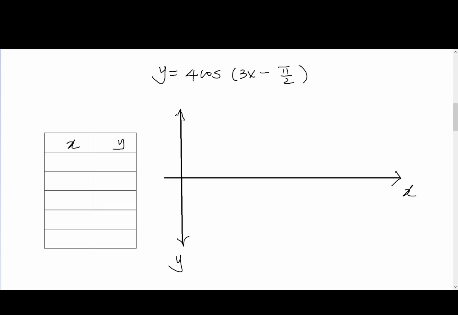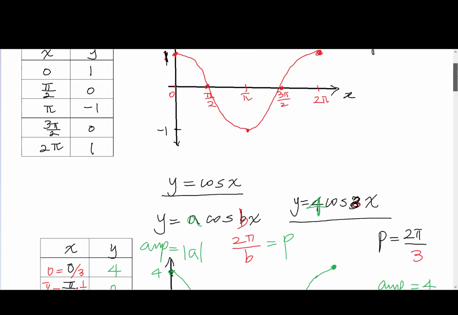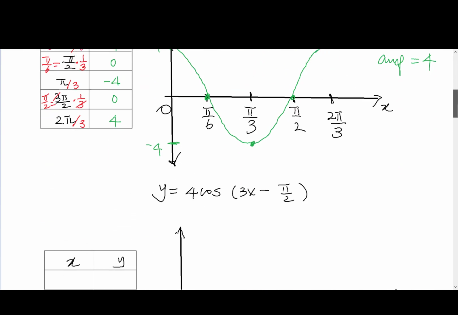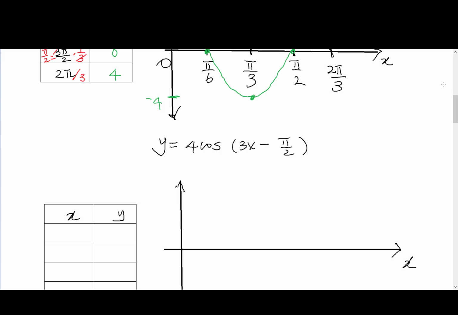Now this graph is a shifted graph from y equals 4 cosine x. It is shifted to the right, but not by pi over 2. To know how much you're shifting, you must factor 3 out. So 4 cosine 3 times x minus pi over 6.